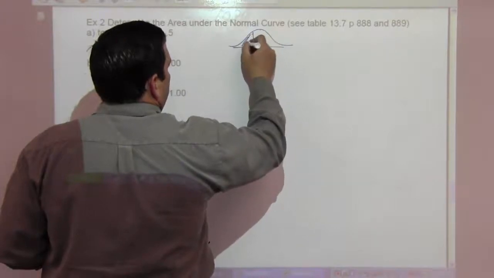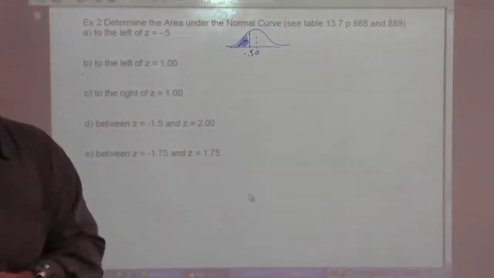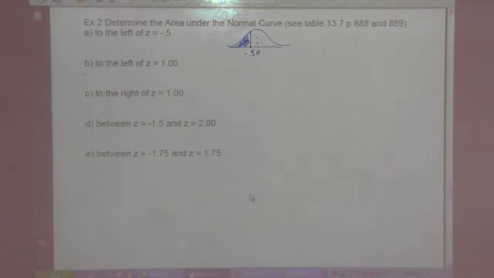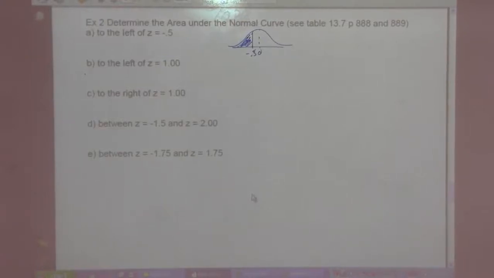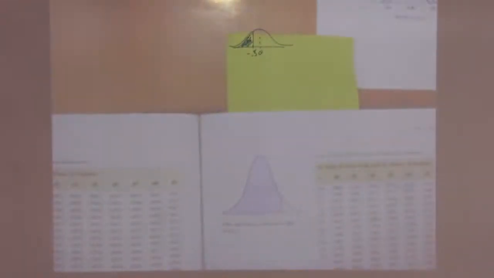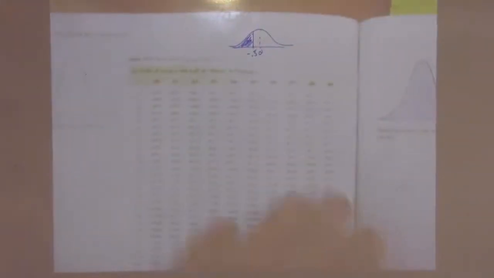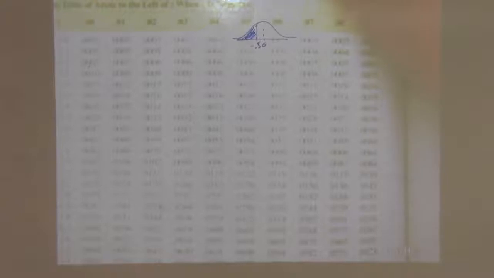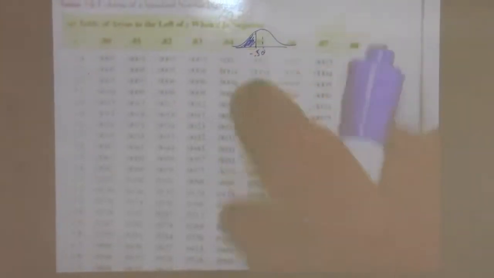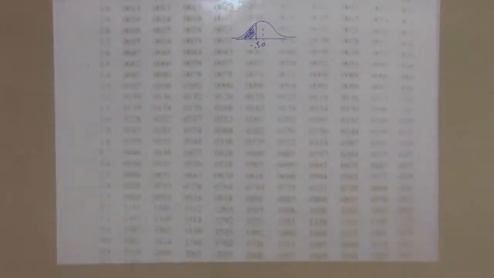We want the area to the left of that. If you look this up on the chart, -0.5 will be on this side. This is the negative side. They're all positive values in the table, but the negative side is the left side of the mean.